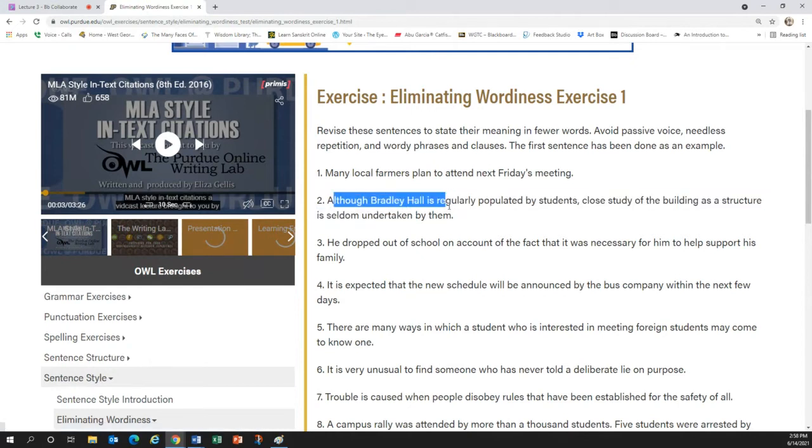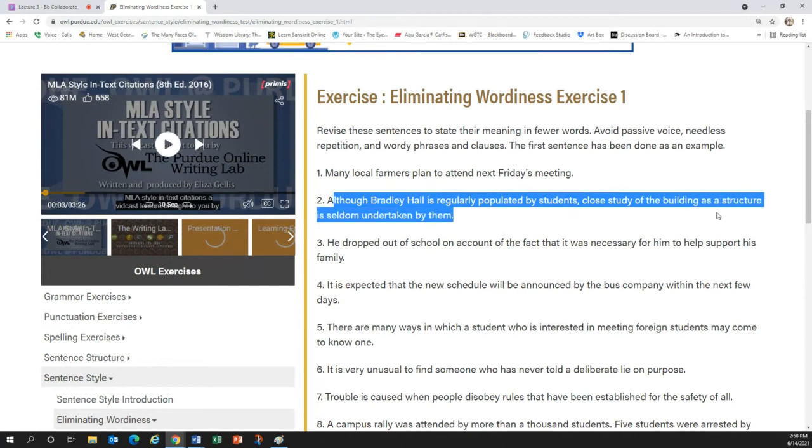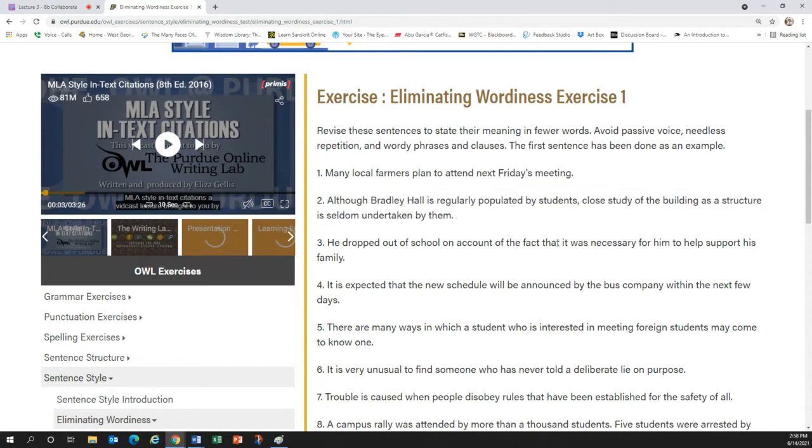Although Bradley Hall is regularly populated by students, close study of the building as a structure is seldom undertaken by them. Now, this one is wordy for lots of different reasons, but one of the things that jumps out to me right away, the building as a structure, that seems to me a little bit redundant.